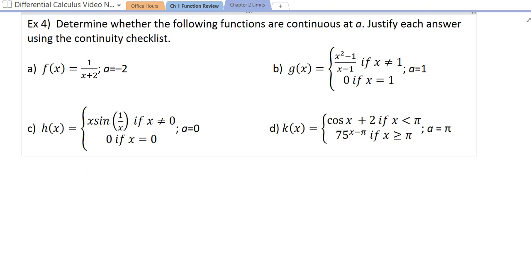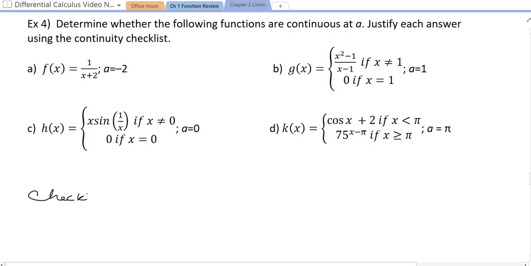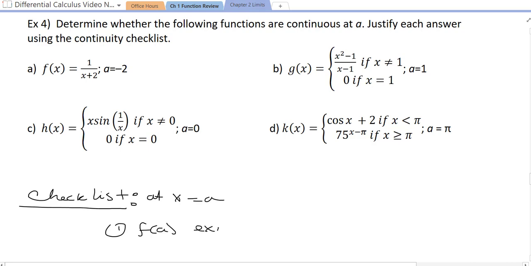All right, so for part a, is it continuous at x equals -2? Let's write what our checklist is. You can either scroll up or look in your notes. As I said, write it somewhere that is accessible to you. So at x equals a, the first thing we have to check is, does f of a exist?